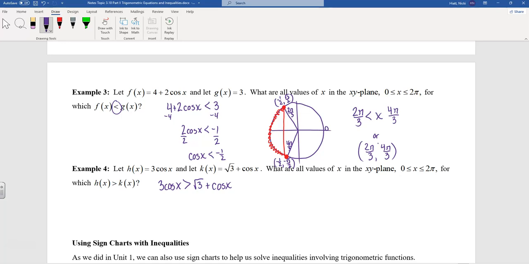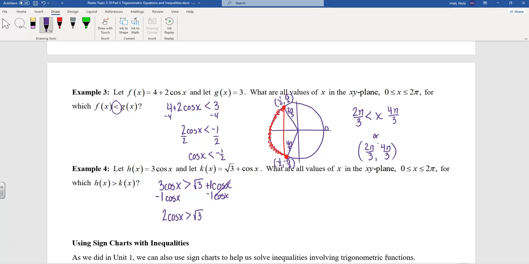But do I have any squares? No. So I need to get my cosines together. This is like a 1 cosine x, so I'm just going to subtract that 1 cosine x. This is like having 3x minus 1x. I get 2 cosine x is greater than the square root of 3.